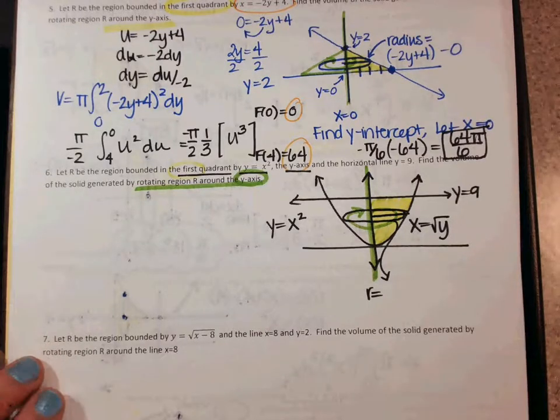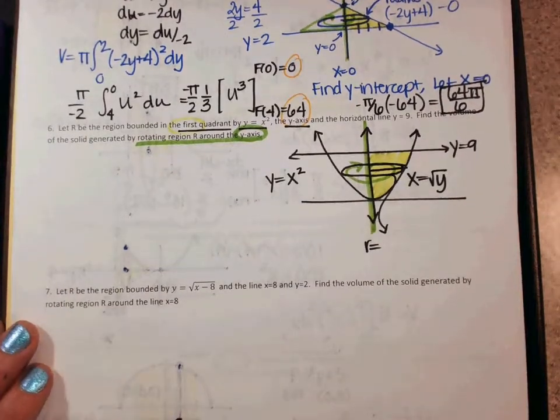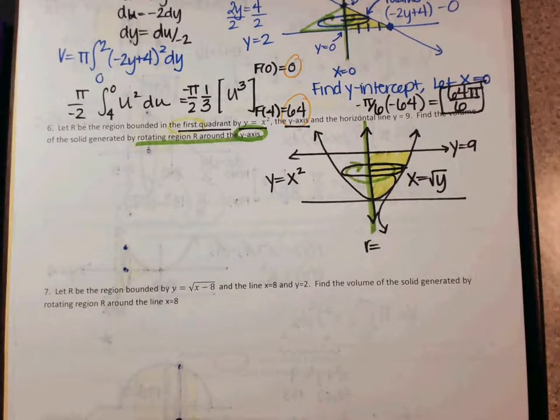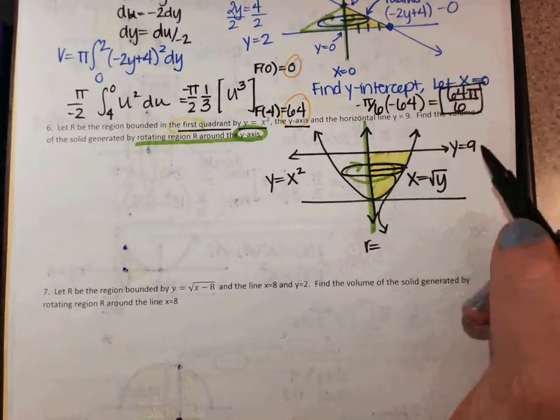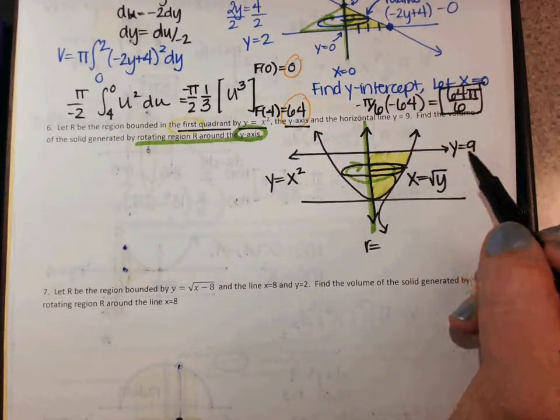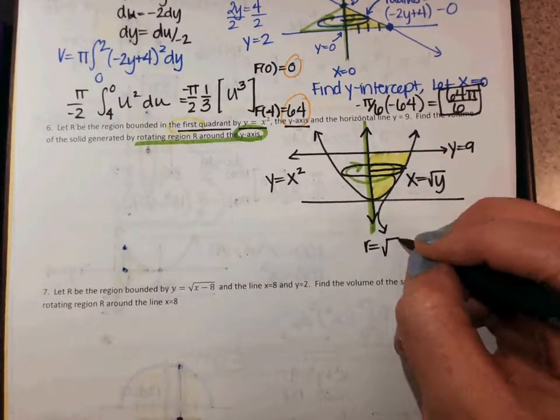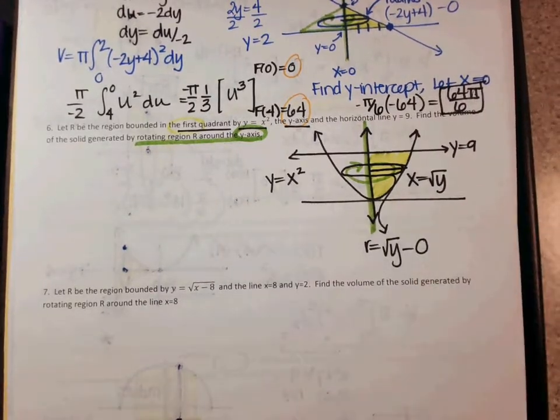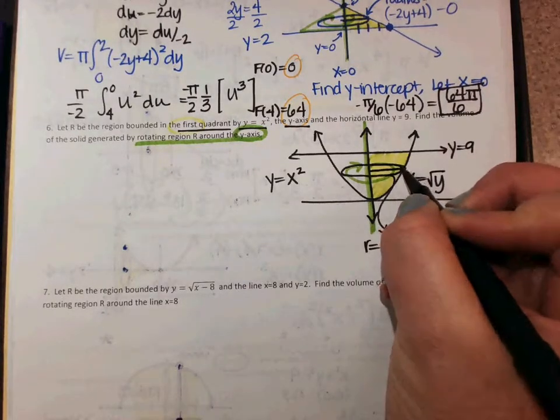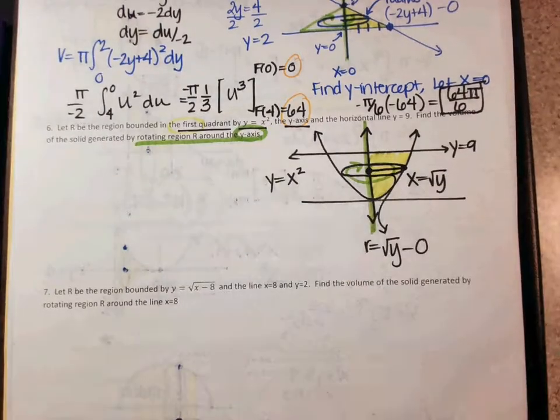Because remember, it can't be in y equals form or else you can't use it. You don't have to plug 9 in because we already know y is 9. It already gave you a y value. So it would be root y minus 0. And remember, guys, the other side is 0 because the y-axis counts as x equals 0. So it would be root y on this side and then 0 on this side.